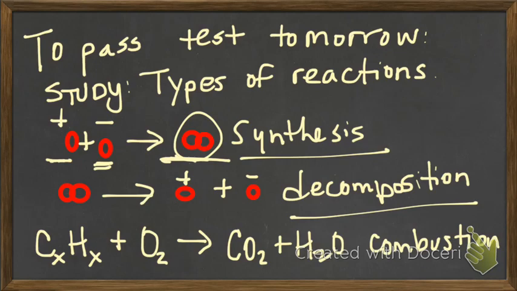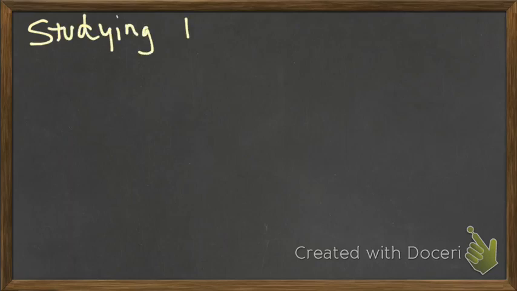We'll take a look on our next page, and then we can see our double replacement and single replacement reactions. So again, to be successful on the test tomorrow, we are studying our types of chemical reactions.